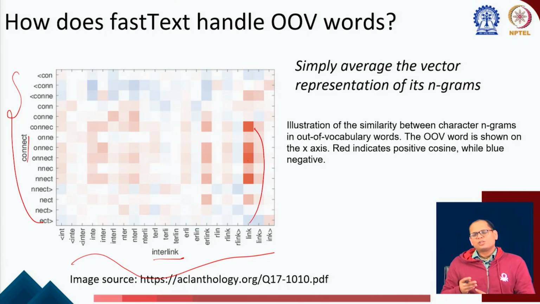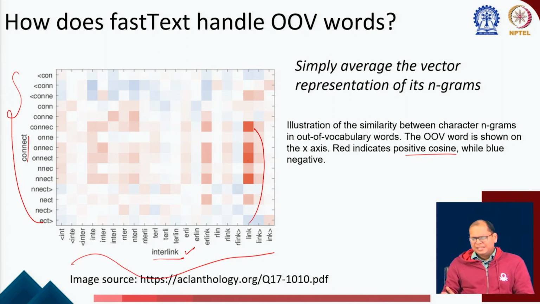So you also get some sort of explanation on why two words are similar to each other. You can see in terms of the n-grams which subwords have high similarity. Here red denotes positive cosine and blue denotes negative cosine. And this word was an out of vocabulary token in this case.